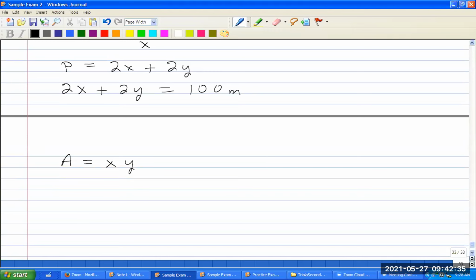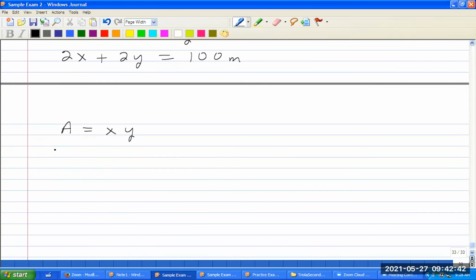The perimeter, adding up all the sides, is 2x plus 2y, which is 100. And so I get that x plus y is 50. Let's solve for y. So y is equal to 50 minus x.